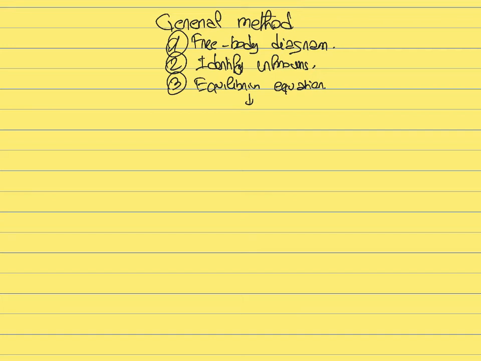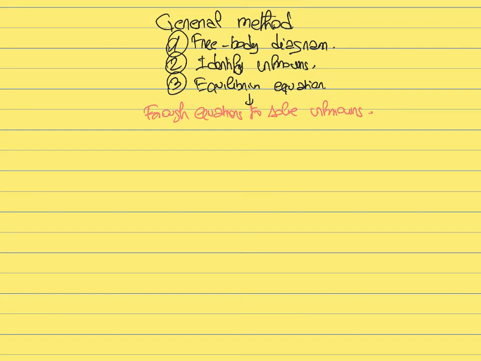At this point, once you have written the conditions of equilibrium, you need to look at whether you have enough equations to solve the unknowns. Do you have more unknowns than equations?